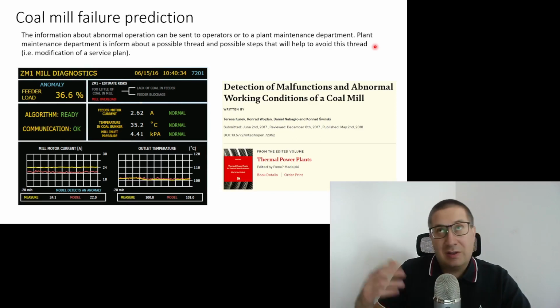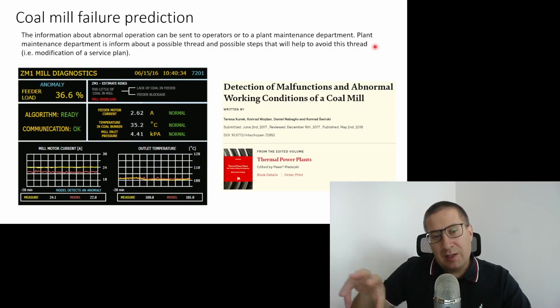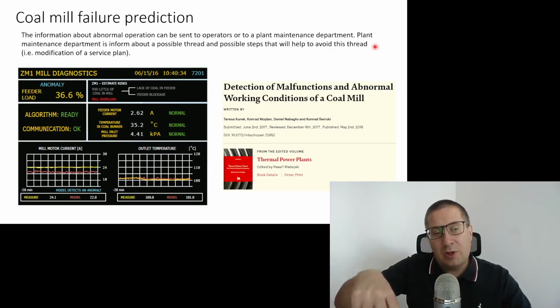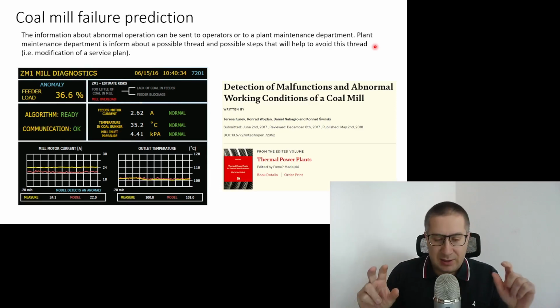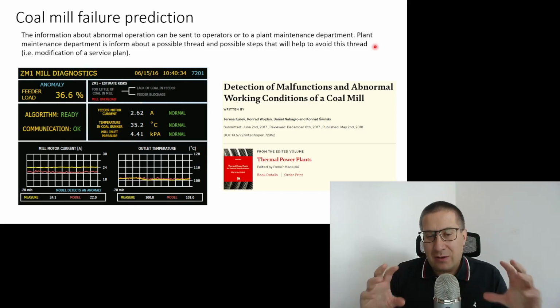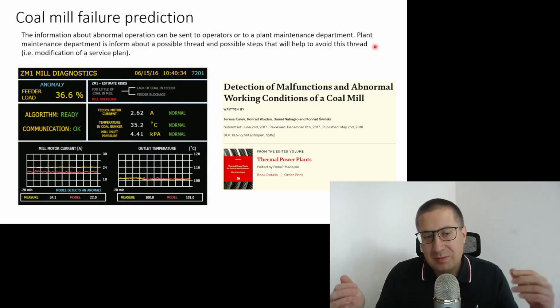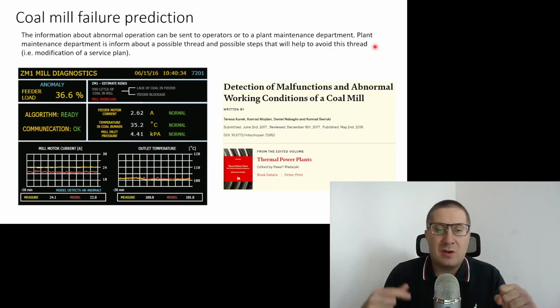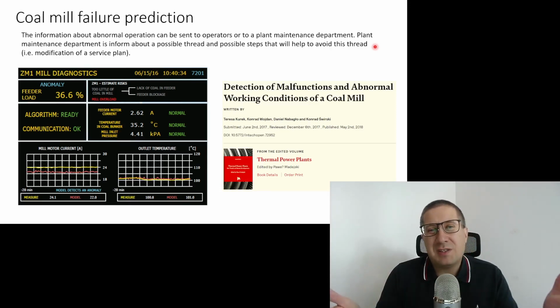But in another plant, we combined this approach with the optimization system. So the optimizer, the artificial immune system that autonomously controls the combustion process, also uses coal feeders in order to minimize emissions of NOx, minimize emissions of CO, and maximize the efficiency of the process.